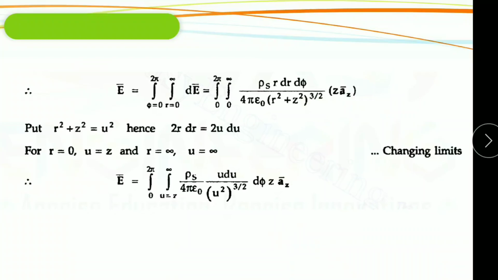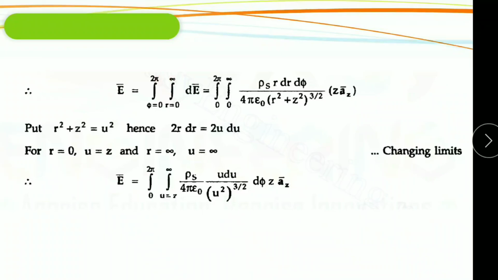And one more thing, here we have taken a surface charge. For a surface charge, it has two variables, so we have to integrate two times. The two variables are r and phi. So integrate the electric field intensity two times: r is equal to 0 to infinity, and phi is equal to 0 to 2 pi.